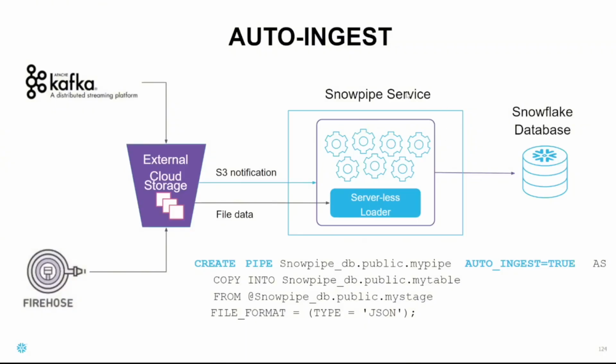Snowpipe will automatically create an SQS channel in which the notification is going to come, and then Snowflake will automatically run this Snowpipe because you will set auto ingest equal to true. As part of the serverless approach, this will load the files from this external cloud storage to your databases. So this is how we will leverage auto ingest in a Snowpipe to continuously ingest the data from our external source to a table inside Snowflake.